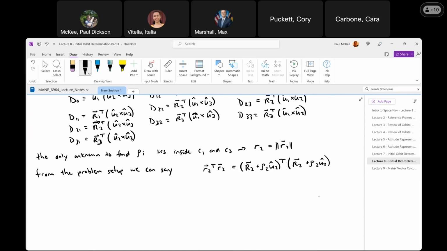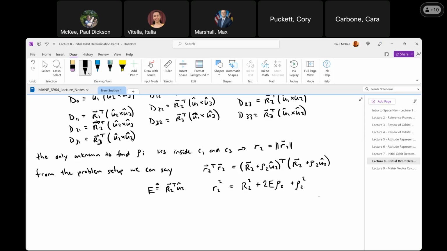So if we clean this up a little bit, the vector R2 transpose times the vector R2 is just the scalar R2 squared. This is the scalar R2 squared, but it's the capital R2, which we assume we know, plus 2e rho 2 plus rho 2 squared, where e, we're just going to define for the sake of making this look prettier, is R2 transpose U2.